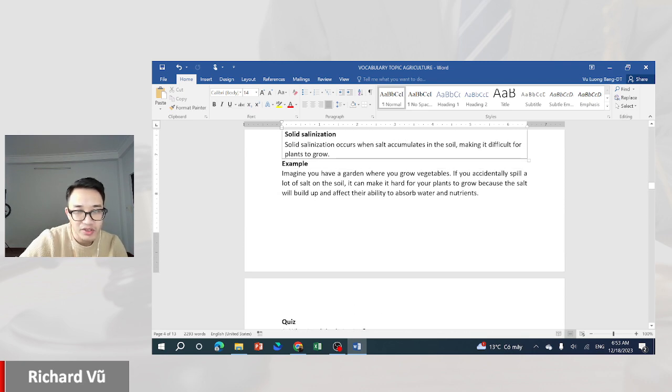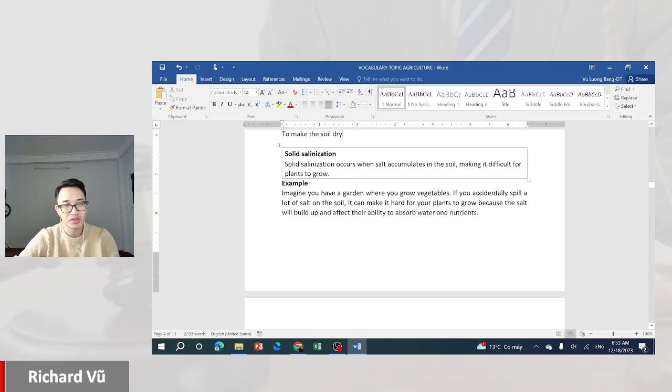And the last one in this section, soil salinization. Soil salinization occurs when salts accumulate in soil, making it difficult for plants to grow. For example, imagine you have a garden where you grow vegetables.